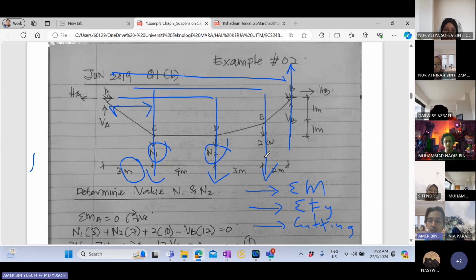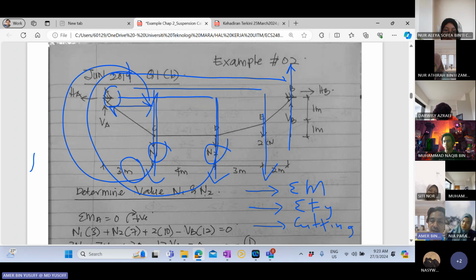N1, N2, 2 kilonewton, because the force is downward. So when downward, the moment is clockwise when you calculate moment at A. That's why positive for N1 multiplied by 3, N2 multiplied by 7, 2 multiplied by 10, positive moment, because they create the clockwise moment.